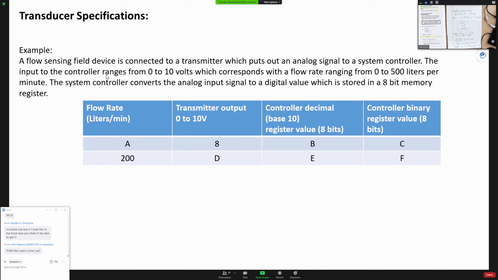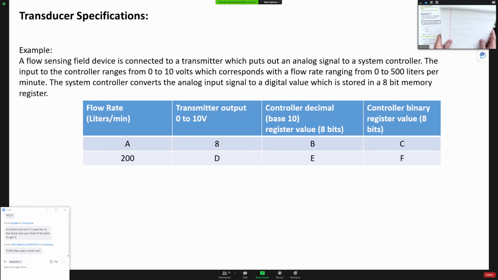The input to the controller is from 0 to 10 volts, corresponding to flow rate 0 to 500 liters per minute. The system controller converts the analog input signal to a digital value which is stored in an 8-bit memory register.